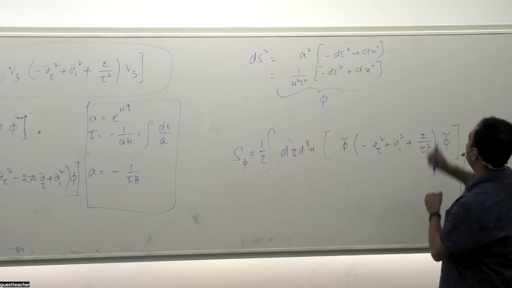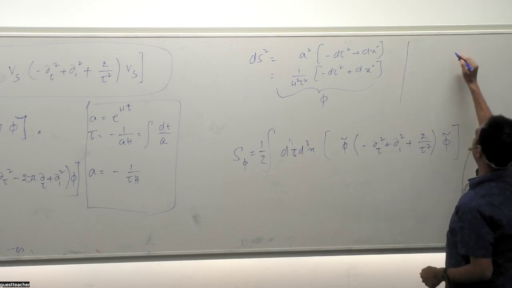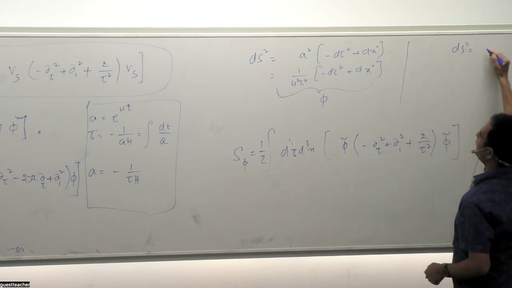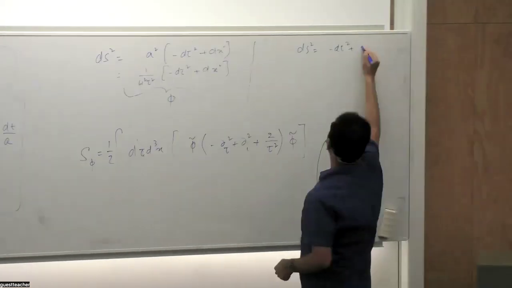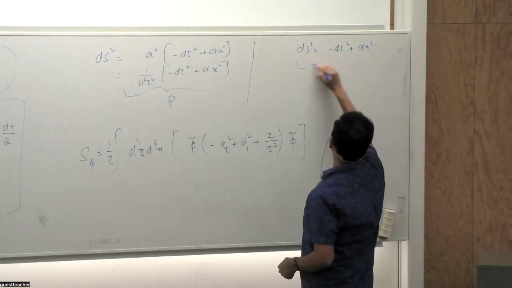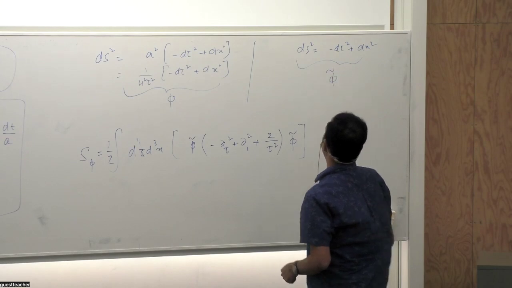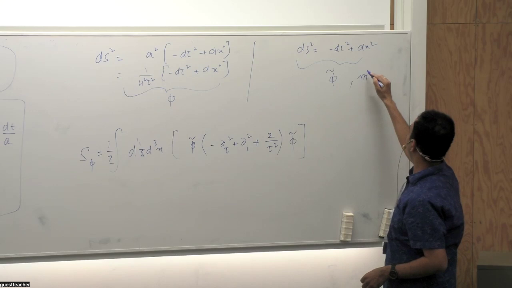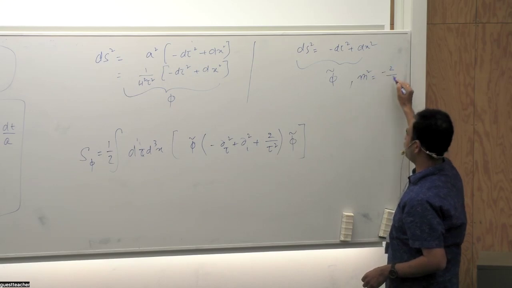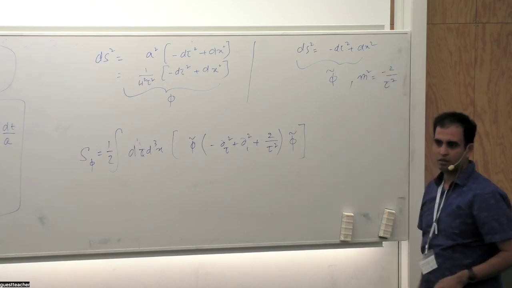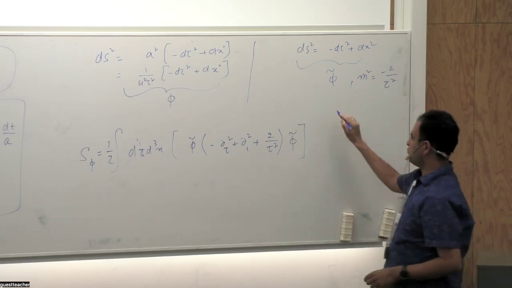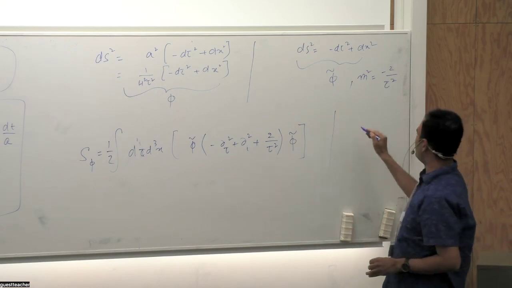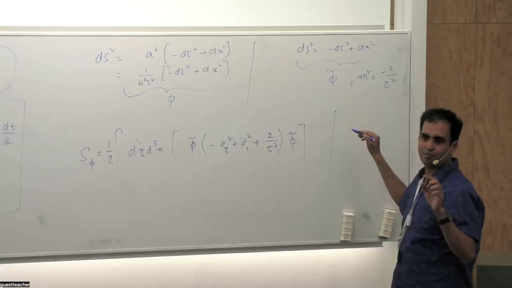So this field phi tilde is living in a spacetime like this, but with a mass square of minus 2 by tau square. Remember, we are following the metric signature minus plus plus plus.